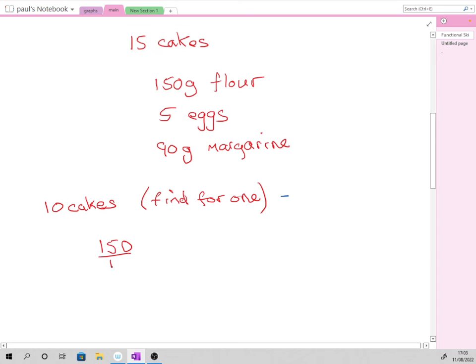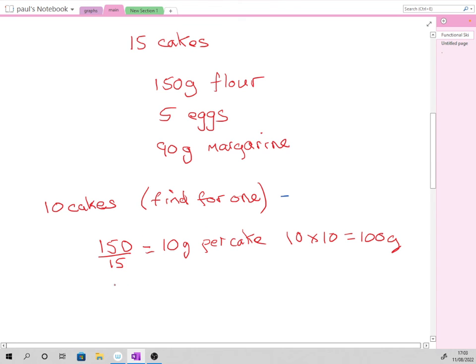So if we divide that by 15, we would need 10 grams per cake. And then we're making 10 cakes, so 10 times 10 equals 100 grams. So you just multiply it by the number of cakes you're going to make. If you were to make 50 cakes, then you would do 10 grams times 50. So it's in direct proportion.